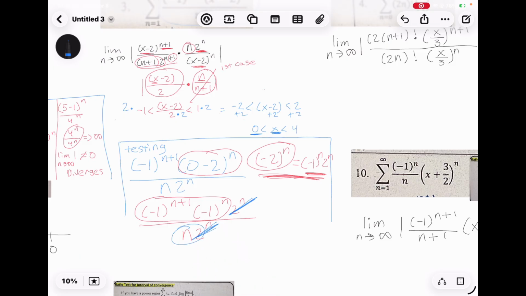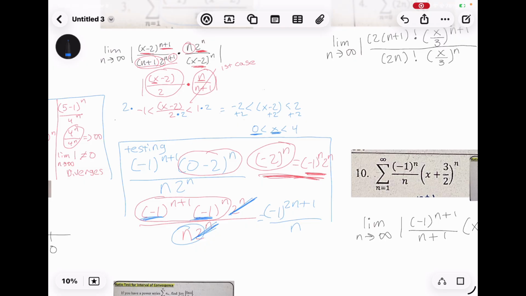So if we were to combine these two, it would be negative 1 to the 2n plus 1 over n. Let me draw parentheses here. Negative 1 to the 2n plus 1 over n.